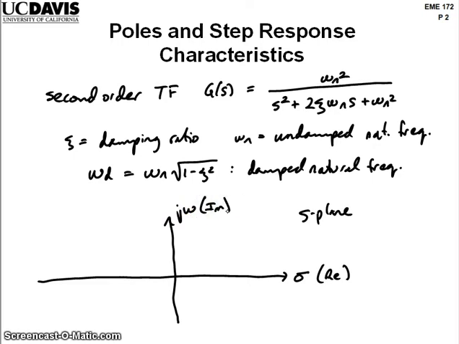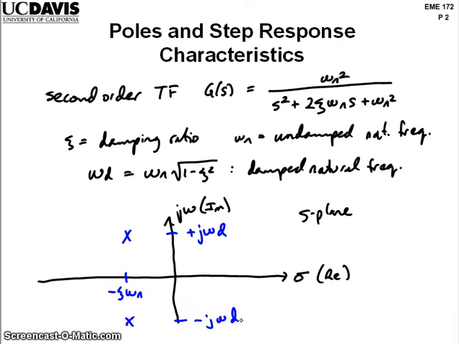The poles are located here. Let me mark them with x's. The real part of the second-order poles is minus zeta omega n, and the imaginary part is plus and minus j omega d.